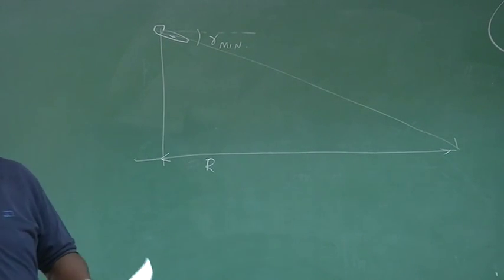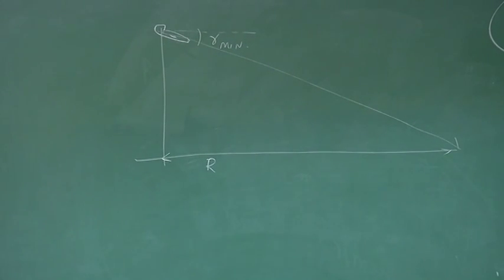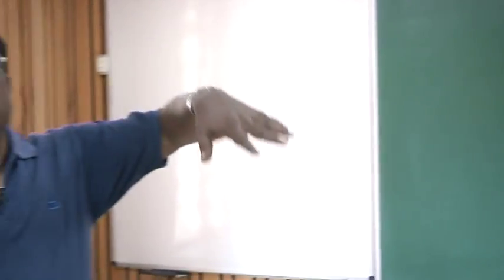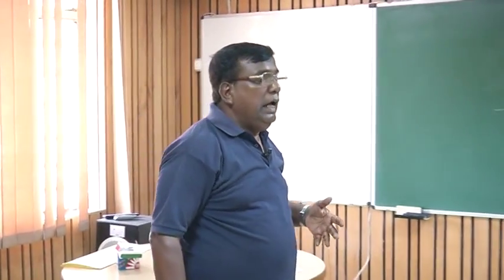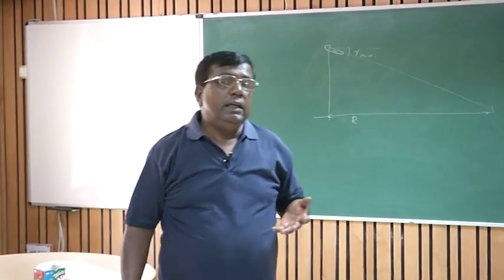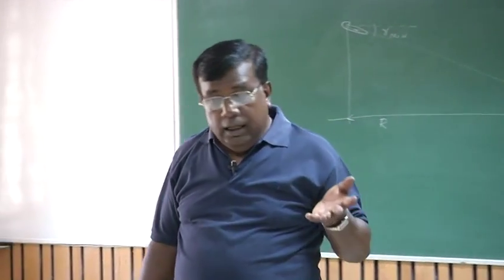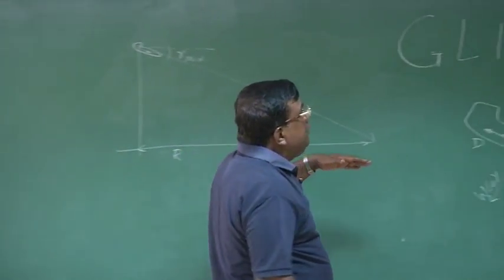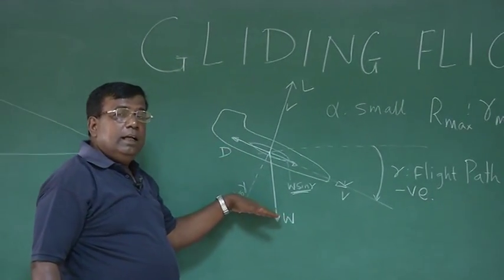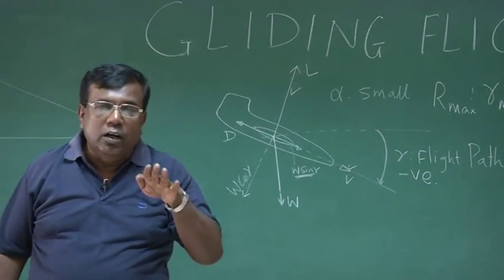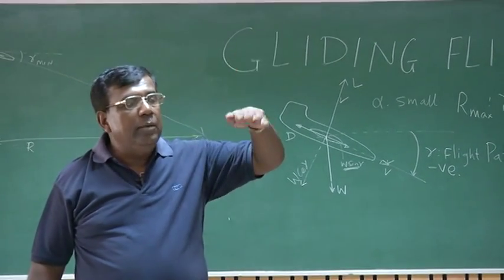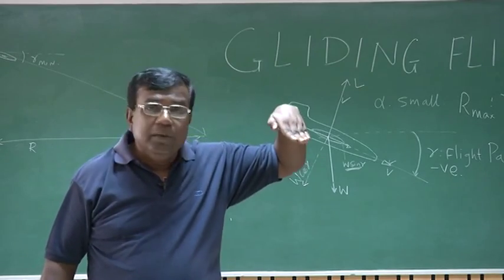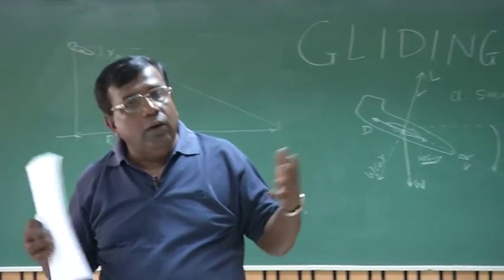But the next question that comes to my mind is, if I decide to stay for long in the air, that is, I want to have larger time airborne, that is possible if the rate of descent is minimum. You are familiar with rate of climb. Now I am talking about rate of descent. If this is minimum, then I can stay for longer hours.